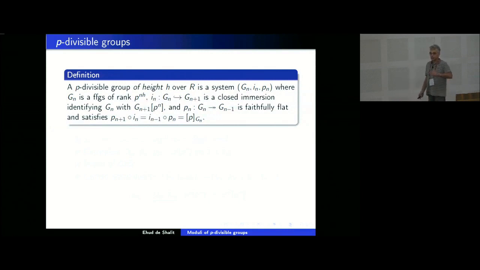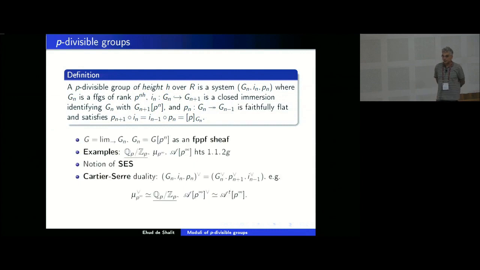To view it really as multiplication by p inside G_n, you have to follow it by the inclusion of G_(n-1) back into G_n. So actually this p_n is forced upon you from the knowledge of i_n, but I want to include it in the definition because for Cartier duality it's very symmetric. You'll see in a moment.